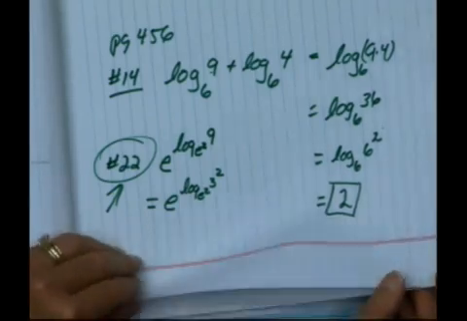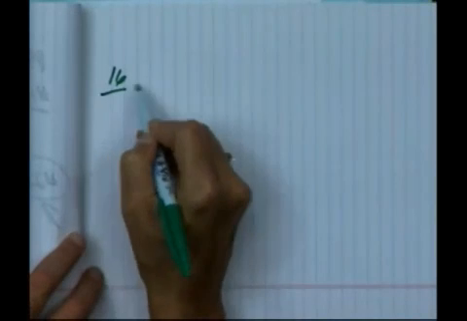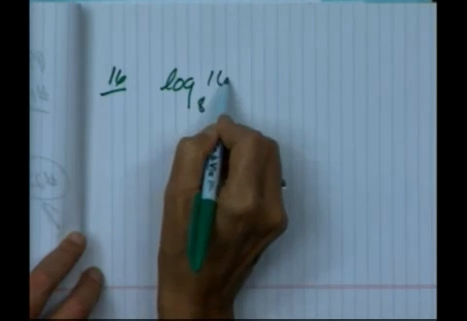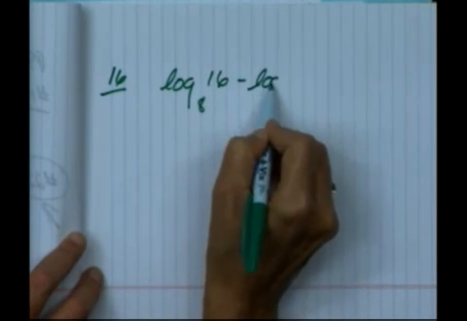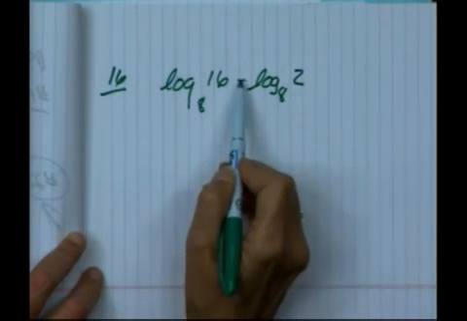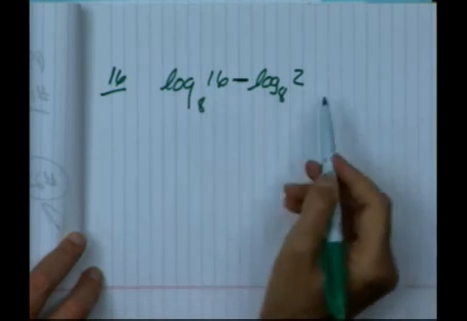Okay, let's look at number 16. Log to the base 8 of 16 minus log to the base 8 of 2. What's your property going to be here?